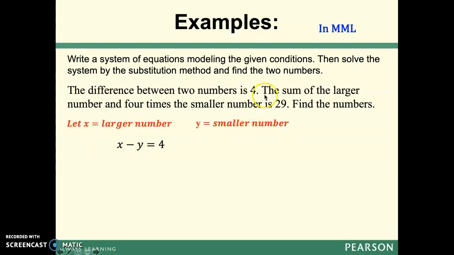The second sentence says, the sum of the larger number, that's x, and 4 times the smaller number, that'd be 4 times y, equals 29.